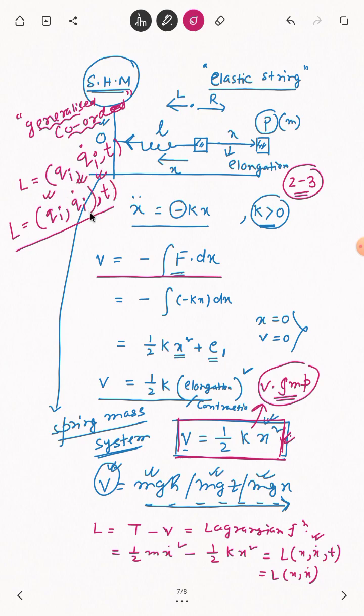Often this time is not written because it is implied automatically, as there is q dot. This dot is taken with respect to time. In some books we see this version also. Clear? This Lagrangian formulation is very important from the exam perspective. In various coordinates, they ask questions about it.